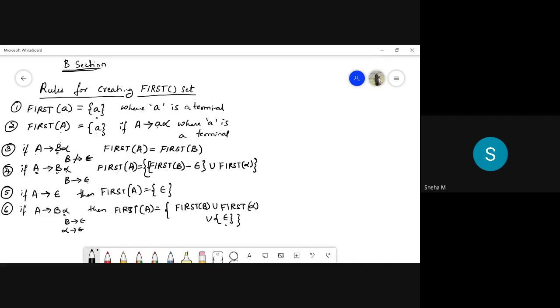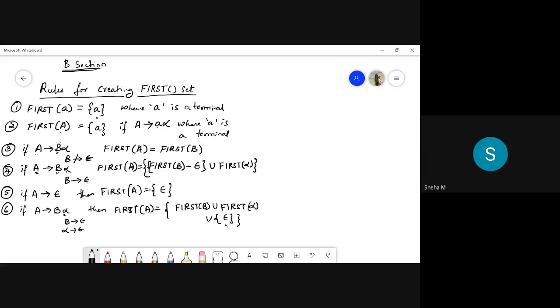All the strings in alpha should contain only non-terminals, all of which derive epsilon, then only can you include them. These are the 6 golden rules for calculating the first set. If you go through the book, you will go mad. They've given only 3, but all the 3 are very complicated, apart from the first and the last one.